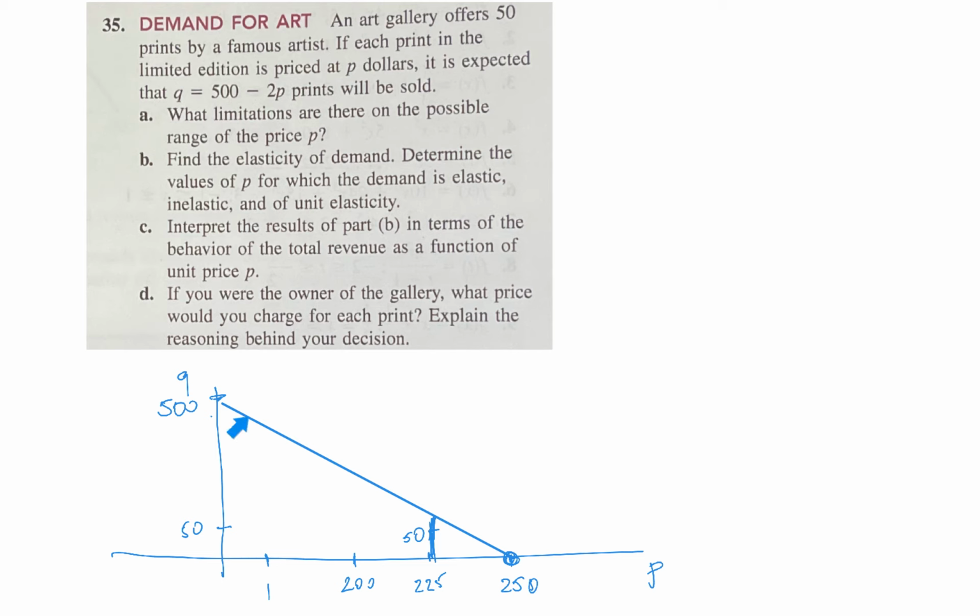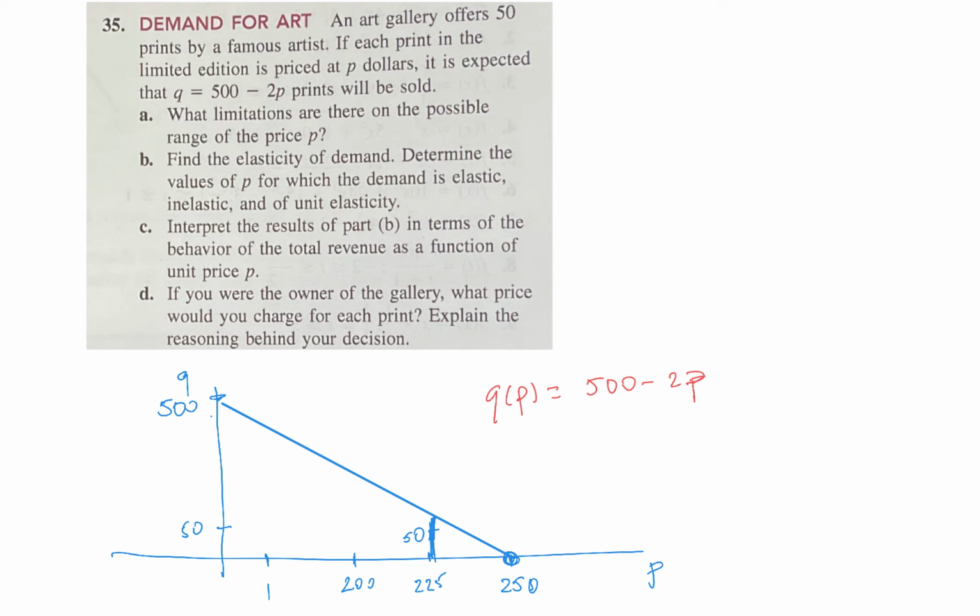It's a rectilinear line with the slope -2. And if you represent the function Q of P equal 500 minus 2P, this is the function. For a price P of 250, the quantity that will be sold will be 500 minus 2 multiplied by 250, which is 0.